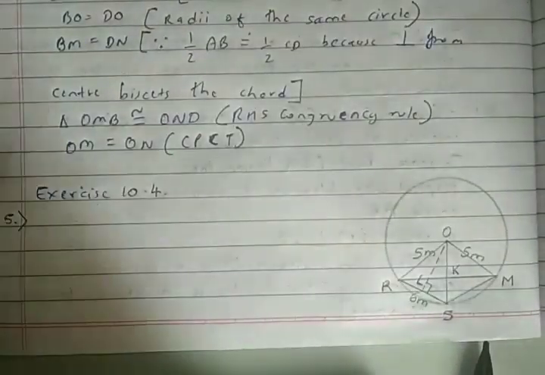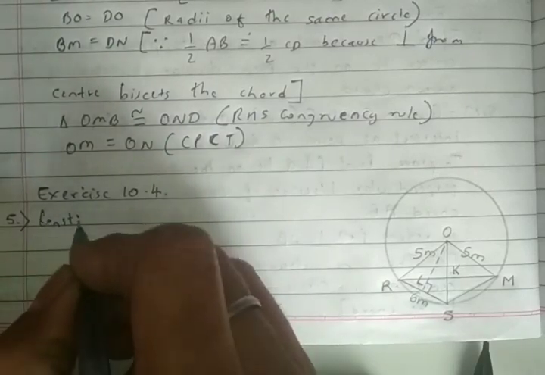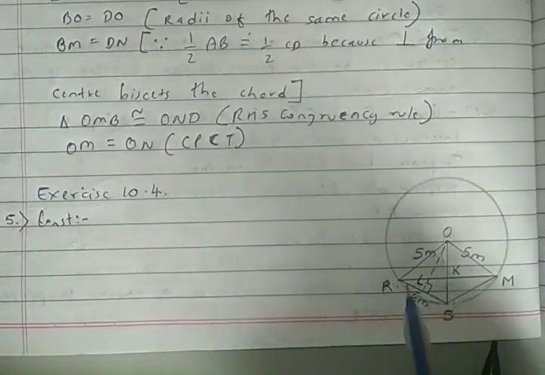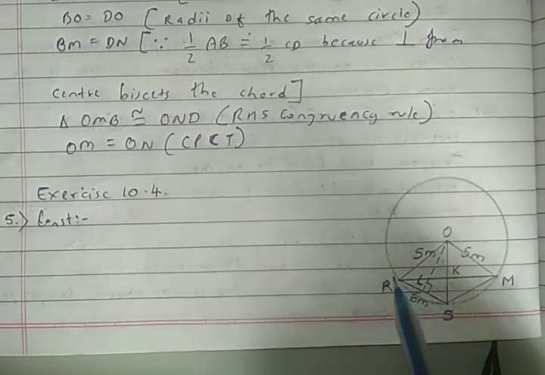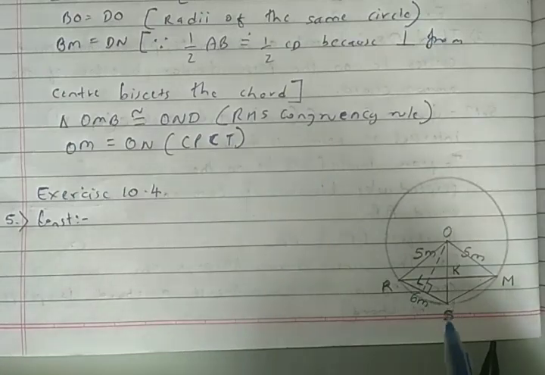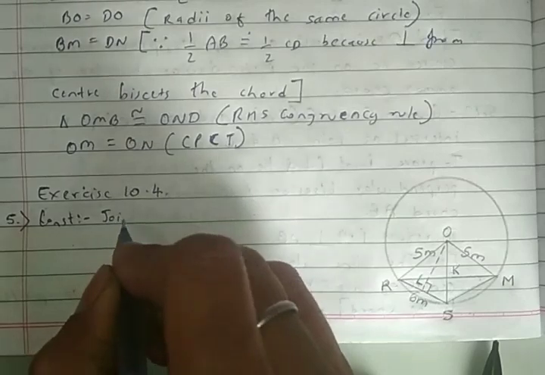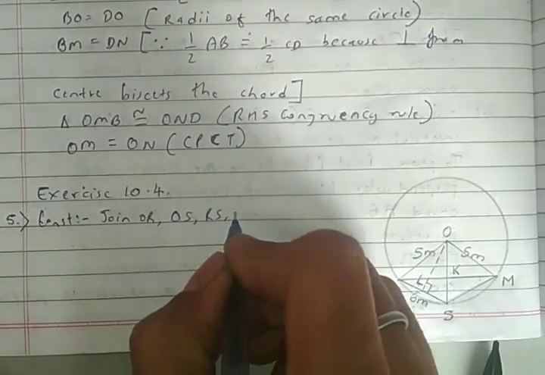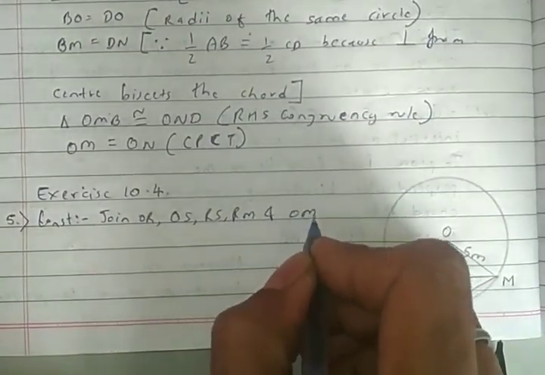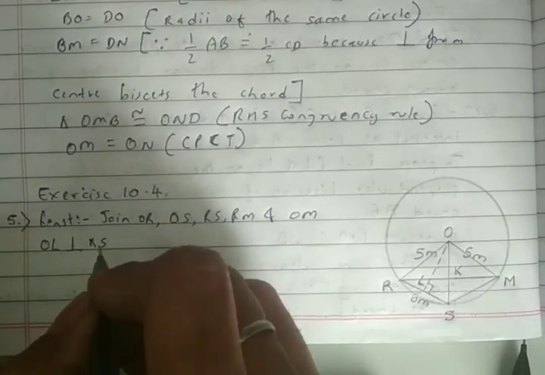Now here we have to construct this OR line, OS line, RM line, okay, and we have to draw OL perpendicular to RS. So we will write all this information which we had constructed. Join OR, OS, RS, RM and OM, and OL perpendicular to RS.